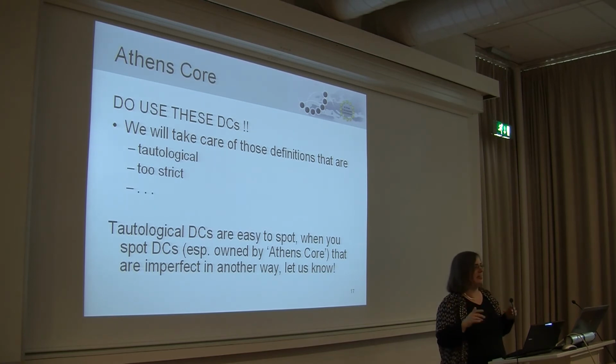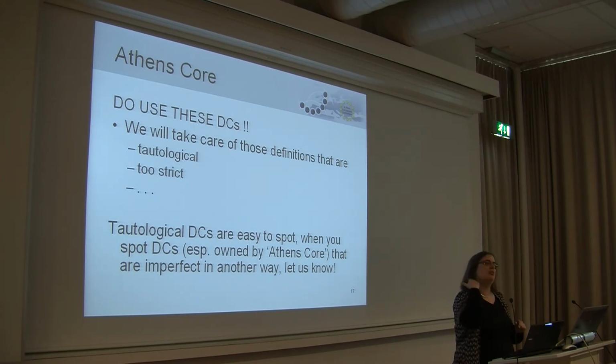We will take care that they are improved. So you can adopt them, but every now and then you have to look whether they have been filled out in a way you can use them. And now there are those definitions such as mother tongue: this is the speaker's mother tongue. So the circular ones. We will take care that they are improved.